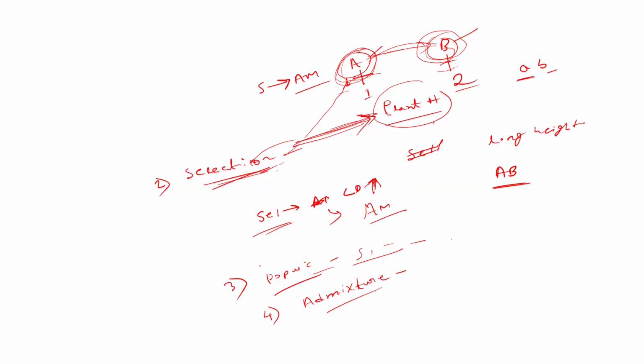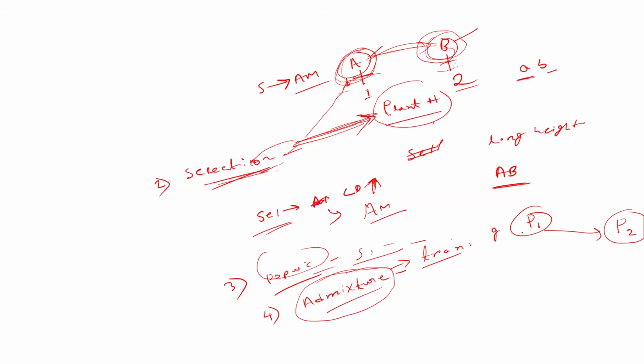I have used the term admixture, but here admixture is different. Here admixture means the irregular transfer of genes from population 1 to population 2. If an allele, say A5, is present for a particular gene in one population and is transferred to the other, this is called admixture, similar to migration.